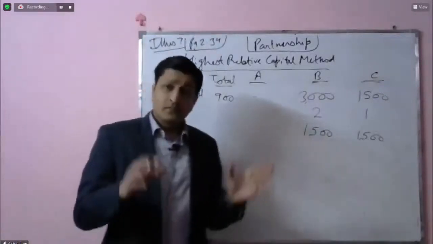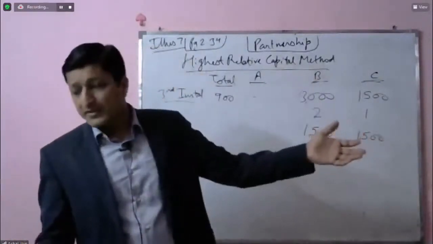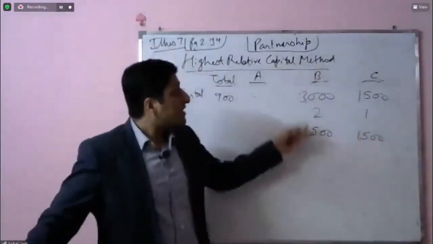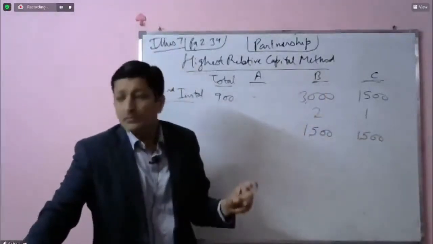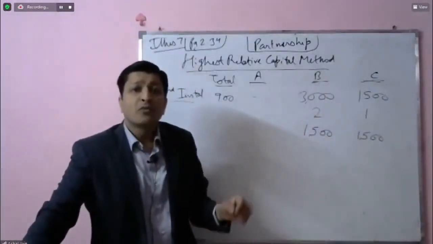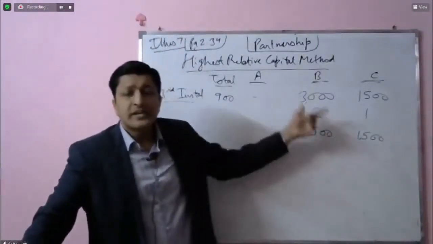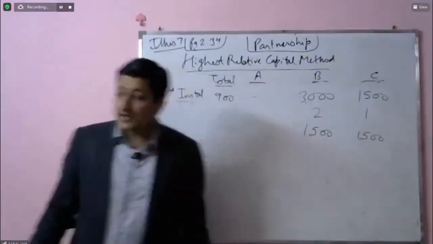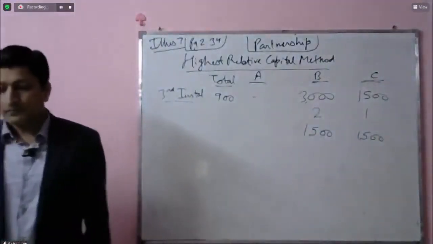No. This is definitely excess in terms of the actual capital which they have contributed. But amongst these two, the excess which has been given by both of them is in their profit sharing ratio. So that's why this 900 will get distributed to both of them in their profit sharing ratio. Clear?